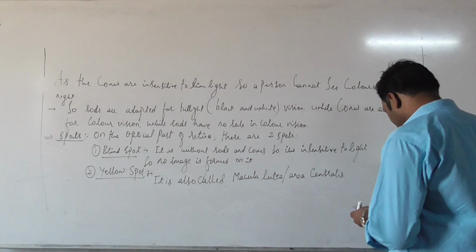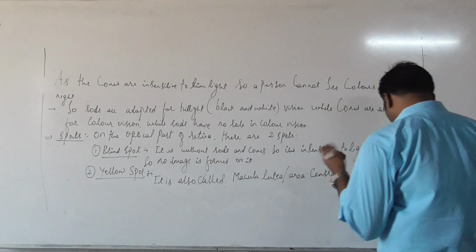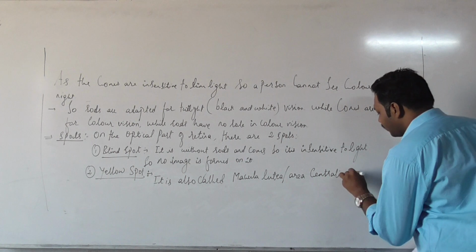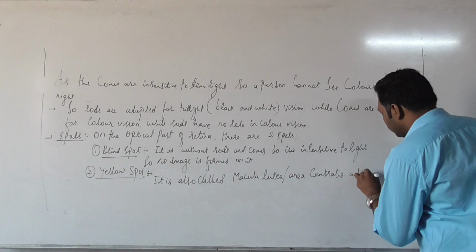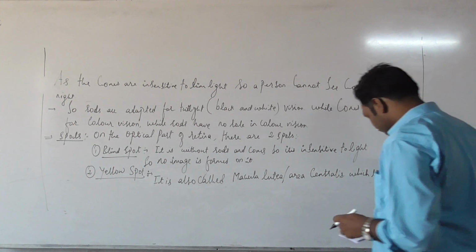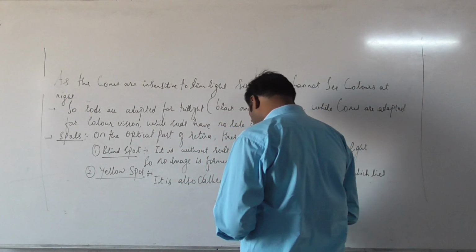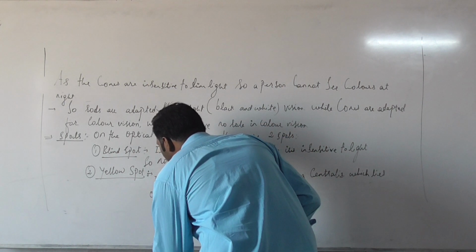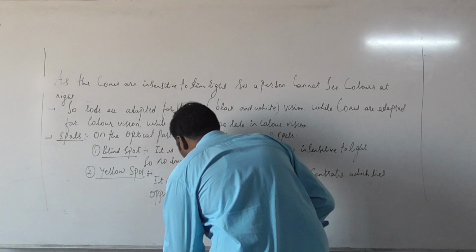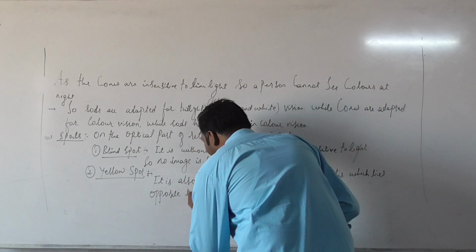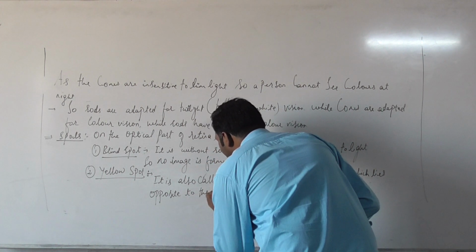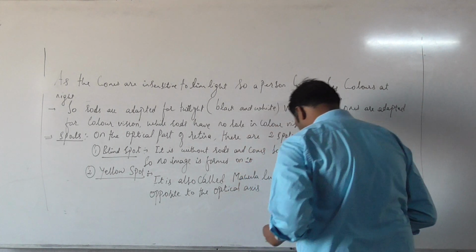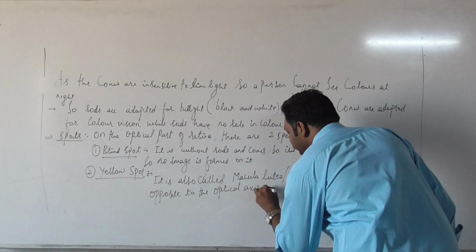Now, this area centralis is an area which lies opposite to the optical axis of the lens.